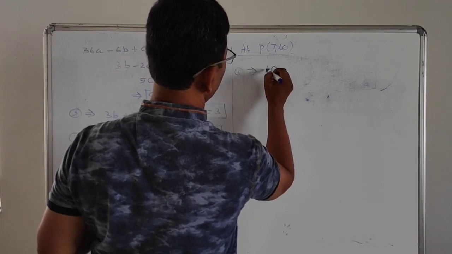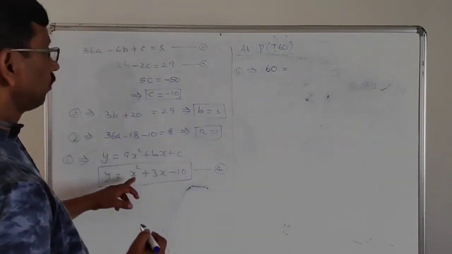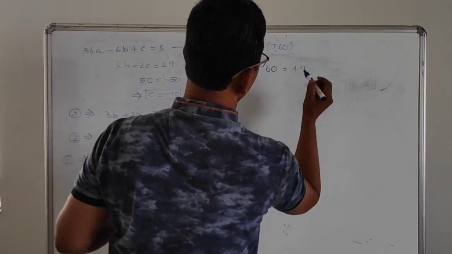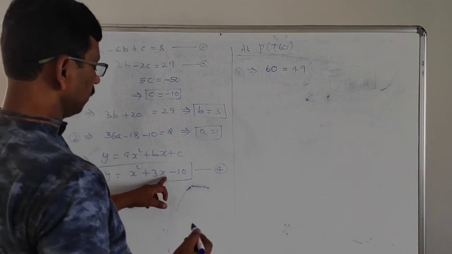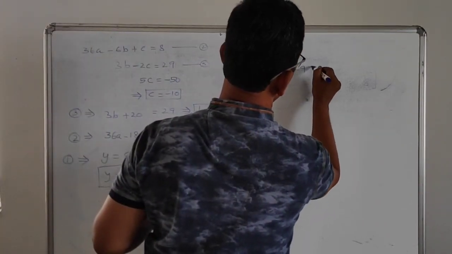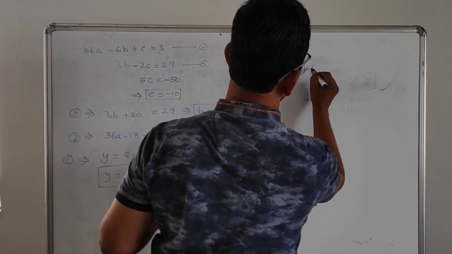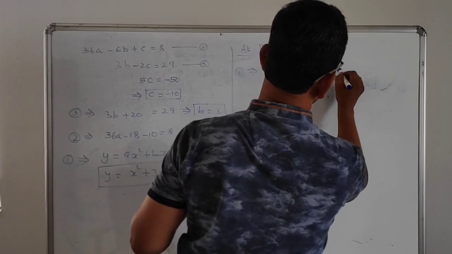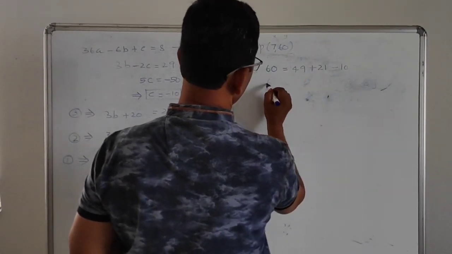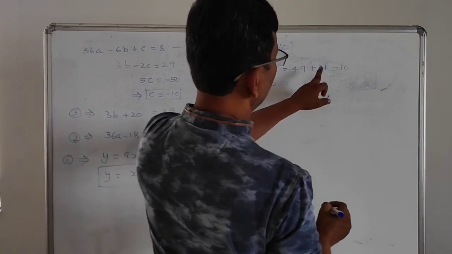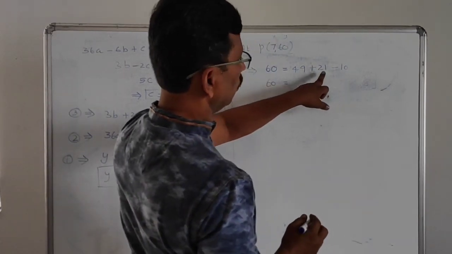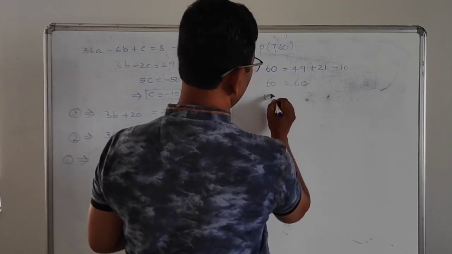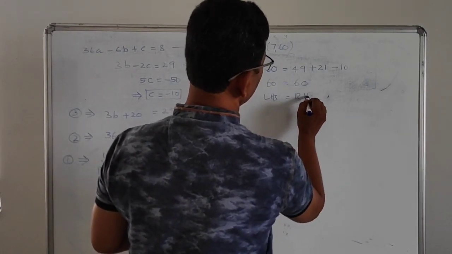And 60 equal to x value 7 square, 49, then 3 7s are 21, plus 21, then minus 10. Now we can say 60 is equal to 21 minus 10 equal to 11. 49 plus 11 gives 60. You can say LHS equal to RHS.